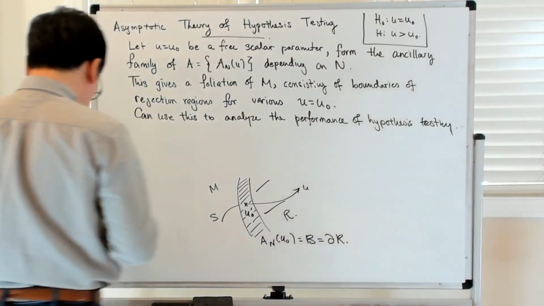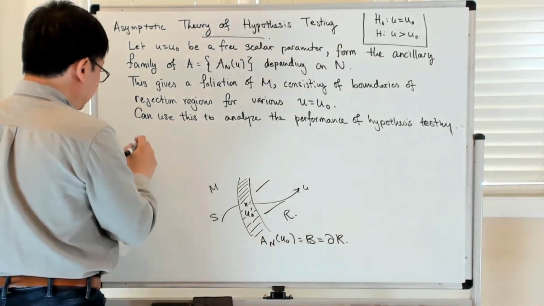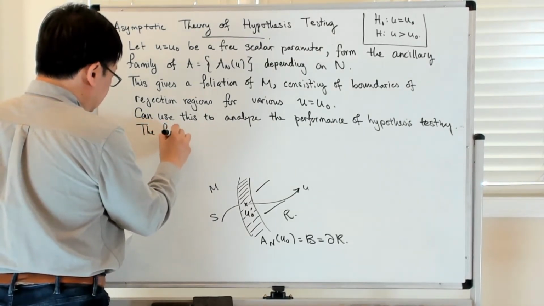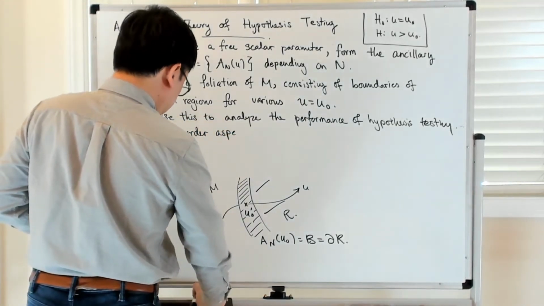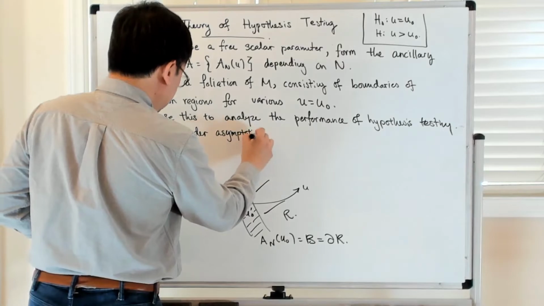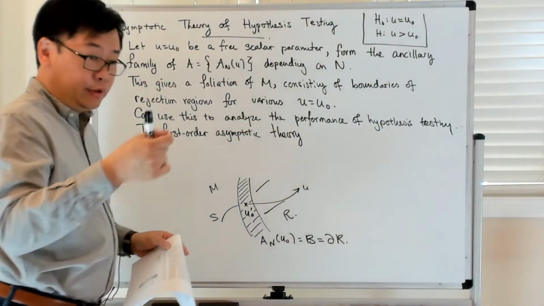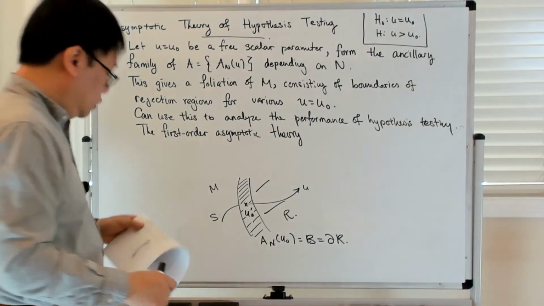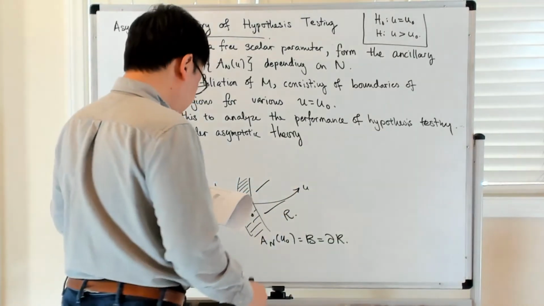So let me state a theorem. The basic idea is simple. The first order asymptotic theory is easy, because you know that this observation, which you construct using some sort of estimator, converges to the true value if the null hypothesis is satisfied.